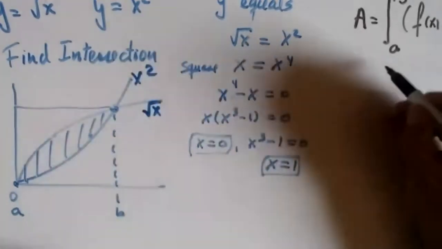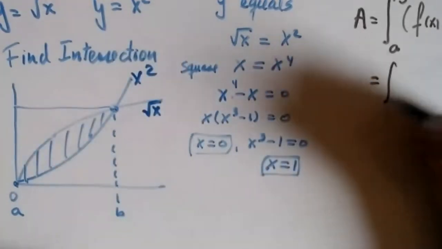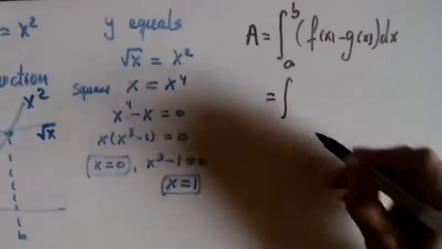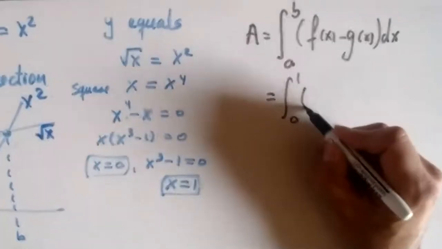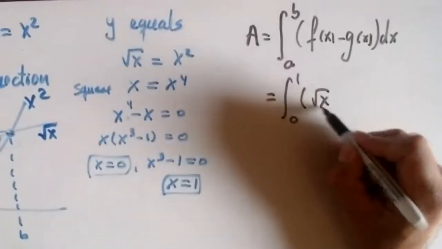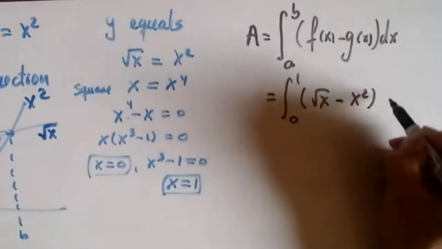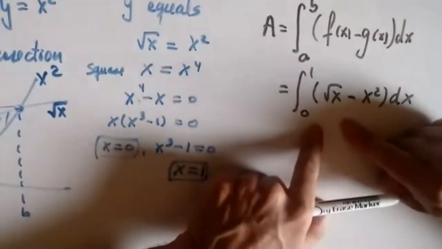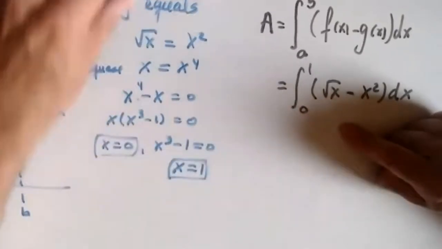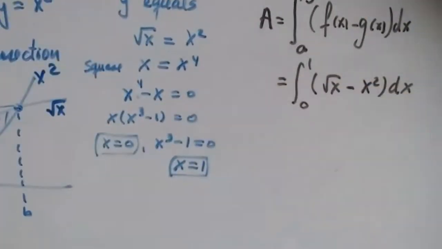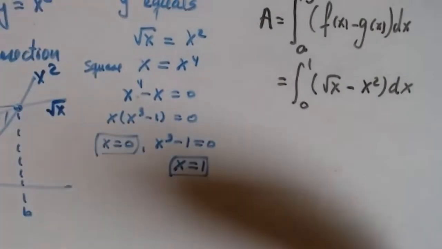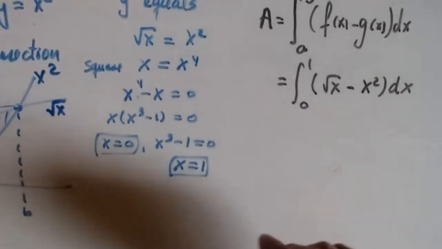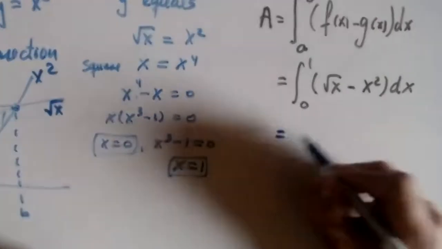So not a big deal. So here is going to be the integral from 0 through 1, parentheses, the square root of x minus x squared dx. Okay, once you have this formula, you have to use your formulas from your formula booklet. So you have to pretty much know that these are two powers.